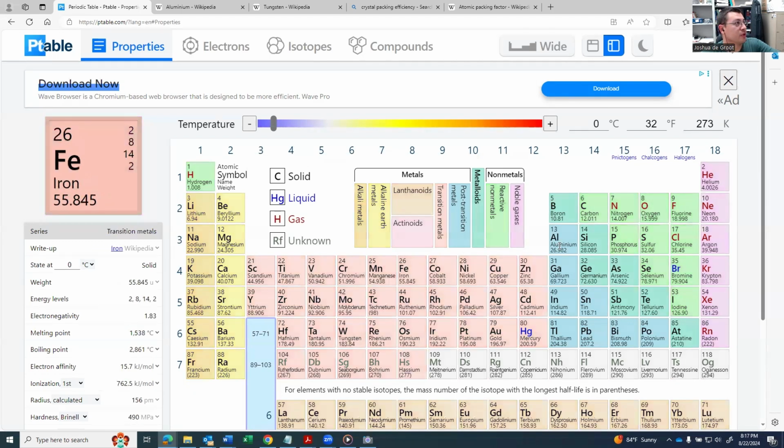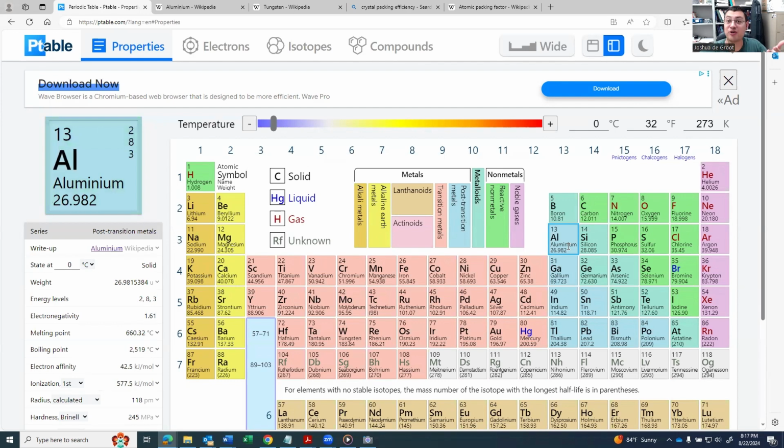So we go to aluminum, or shall I say aluminium, all right, 26.98, about 27, all right, and then we can go to something like tungsten, 183.84. So if we were going to compare aluminum versus tungsten, we can see that comparing one atom of aluminum to one atom of tungsten, tungsten is going to be a lot more massive. All right, it would be heavier if we were measuring its weight.